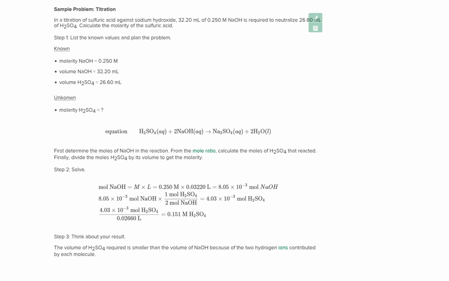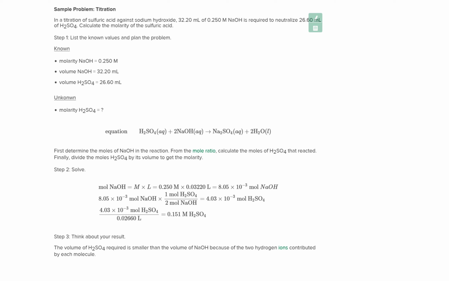In a titration of sulfuric acid against sodium hydroxide, basically with a titration, you have a known amount of base in this scenario and an unknown molarity of acid, and you use one to figure out the other. That's what a titration does.